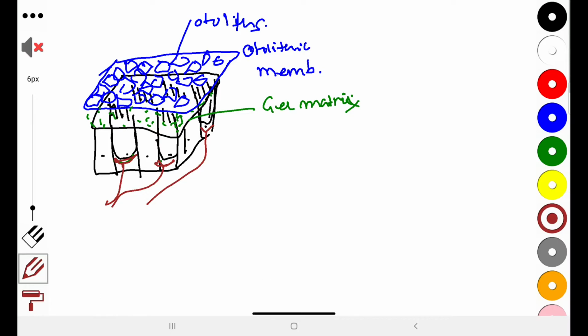Other things that you should know is that these are all about crystals of calcium carbonate. All right, so it's all about calcium carbonate, and they can also be referred to as otoconia.